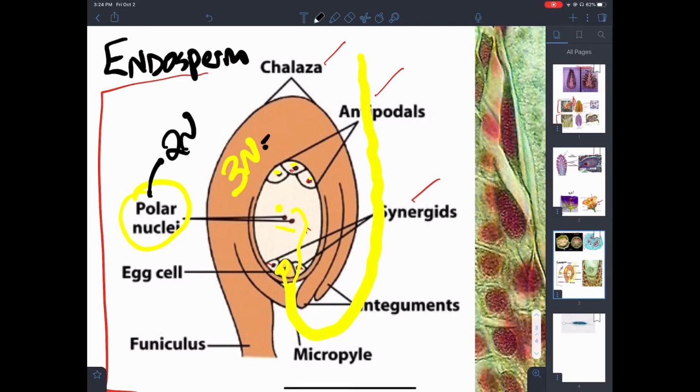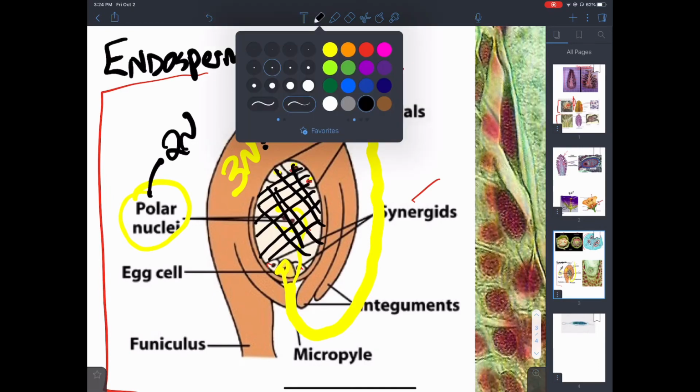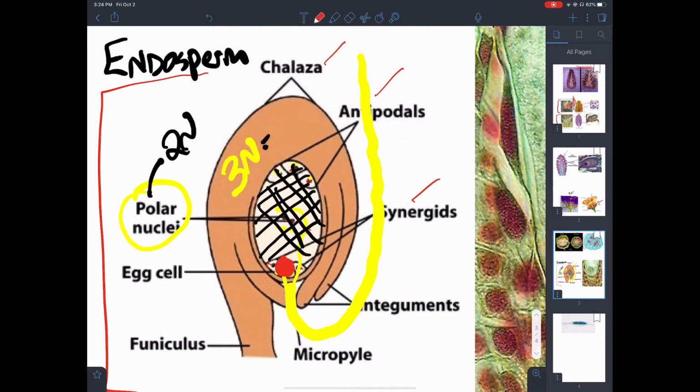The endosperm begins to proliferate and grow, and it basically replaces all of the megagametophyte tissue in here, leaving just space enough for the fertilized egg. Let's just make the fertilized egg red. So the egg is here. That eventually goes to the zygote, becomes the embryo. And so the embryo now is embedded in this triploid endosperm tissue inside of the megasporangium.